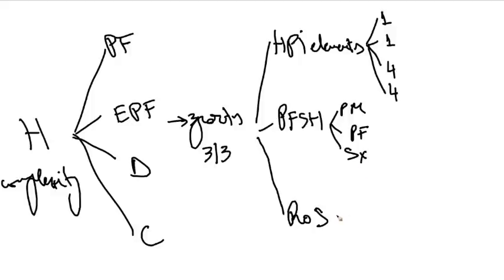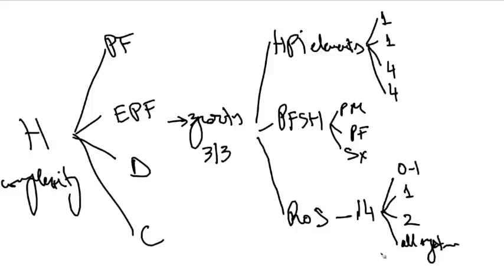Now the review of systems is of 14 varieties, and is measured in 4 levels. 0 to 1 is 1 level. 1 system is the 2nd level. 2 systems is the 3rd level, and all systems is the highest level of review of systems.